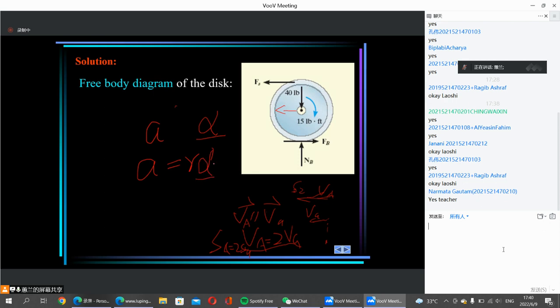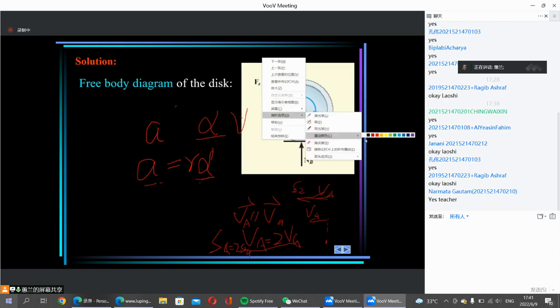But is it okay to find alpha or a? Here, we don't know. We only know the velocity. Is it possible we can apply equations of motion? If we can apply equations of motion, what will it be?